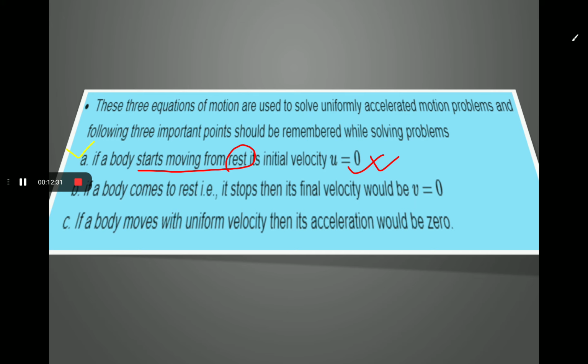Second, if a body comes to rest, it means initially it is in motion and after that it stops. When it stops, its final velocity would be 0.